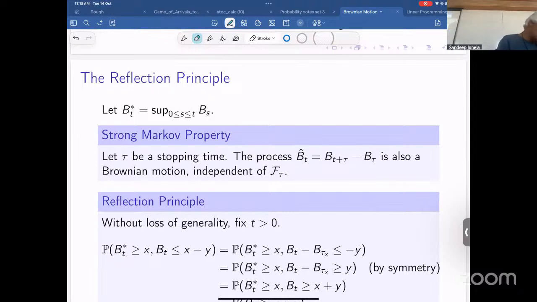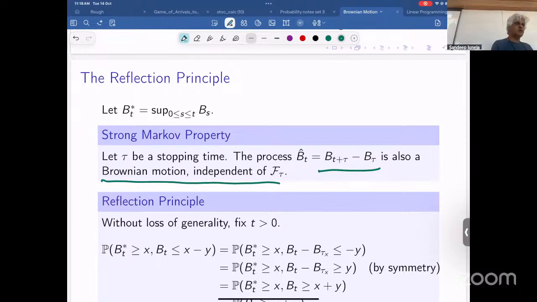So let tau be a stopping time. Consider the process B of t plus tau minus B of tau. So we look at what happens to the Brownian motion after the stopping time. And the strong Markov property is that this continues to be a Brownian motion independent of F tau. Let me put it differently.